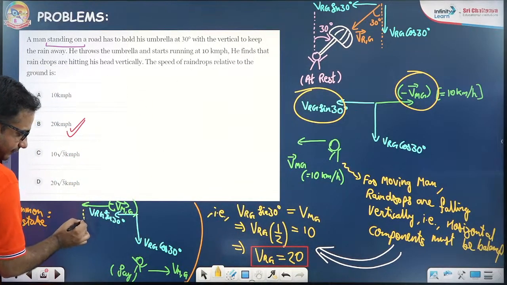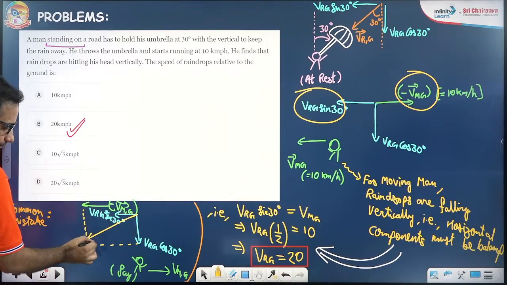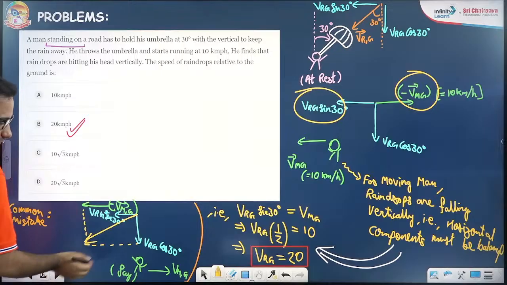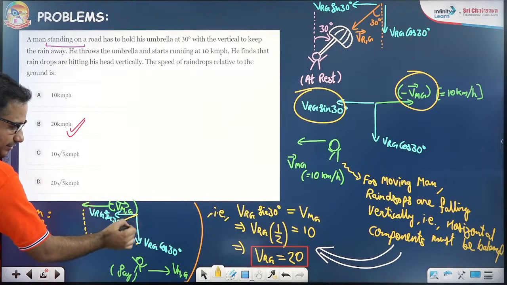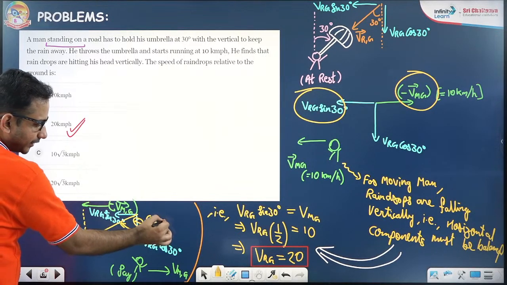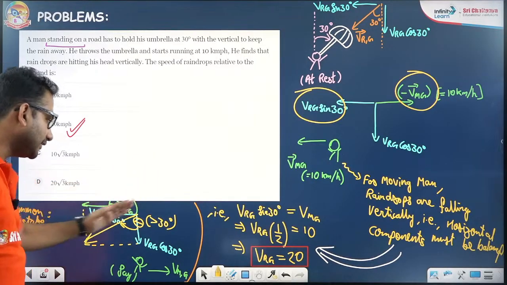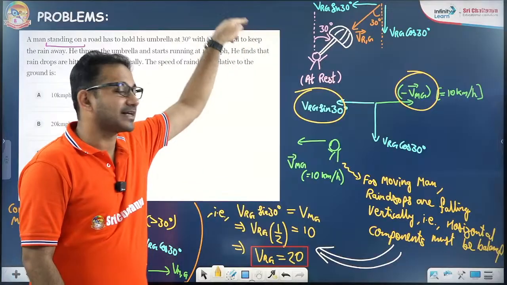So its resultant will be somewhere here, and the earlier angle was 30 degrees, but this angle theta will be greater than 30 degrees because this component has increased. So the vector resultant will turn towards the x-axis.